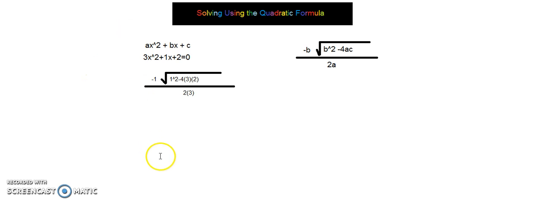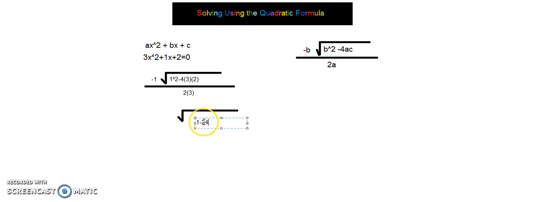Now we can start simplifying our equation. So the first thing we're going to want to do is what is under our square root. So this 1 squared is 1 because 1 times 1 is 1. And then we're going to do negative 4 times 3 is negative 12 times 2 is negative 24.